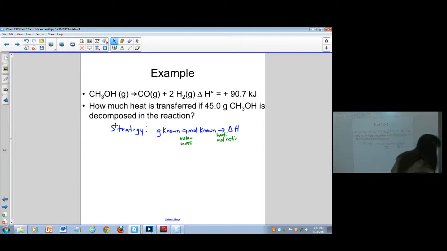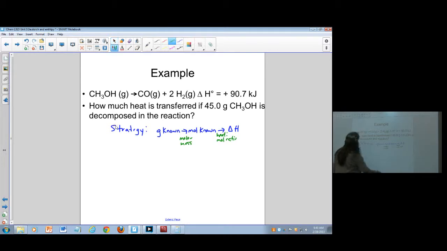Okay, so let's look at an example of this. What can we figure out given the information we have? Well, let's make some equalities that might make life a little easier. One thing I know is that for every 1 mole of methanol, I'm going to need 90.7 kilojoules of heat. Okay, so that's an equality. We can set that up as a conversion factor with the moles on the top or the kilojoules on the top, depending on what we want to do.